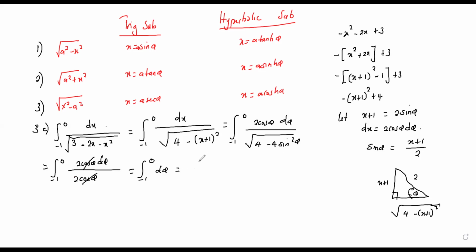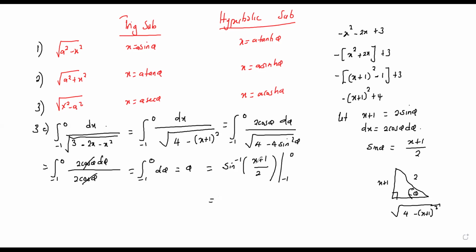So this guy becomes what? What's the integral of 1? The integral of 1 is theta. Okay, now remember we didn't change the limits. So because the limits were not changed, we need to change this theta into x. So theta is going to be sine inverse of x plus 1 over 2, substituting -1 and 0.